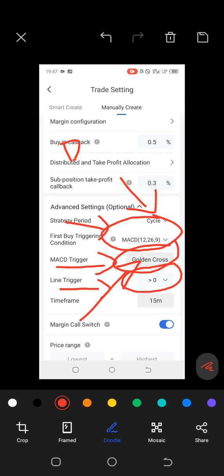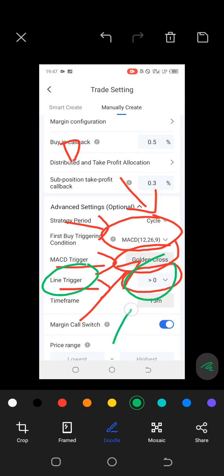And then we also have the option of long on the futures, where you have the golden cross when the MACD crosses. So what is this golden cross, and what is this trigger line, where you have greater than 0 and less than 0?